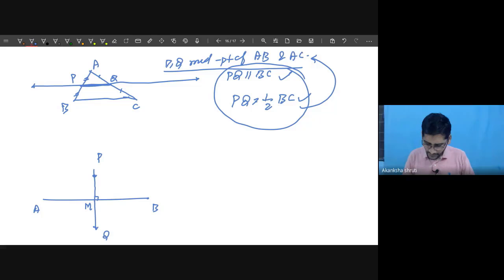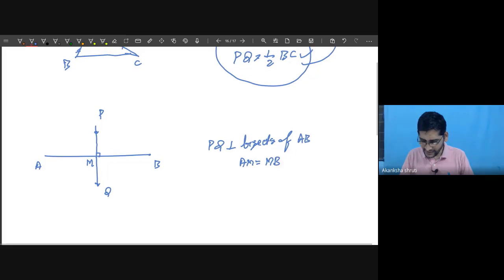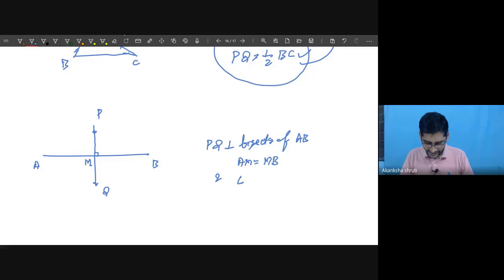It is given as the perpendicular bisector. PQ is the perpendicular bisector of AB. It simply means AM is equal to MB and angle AMP, or let us consider a point here.